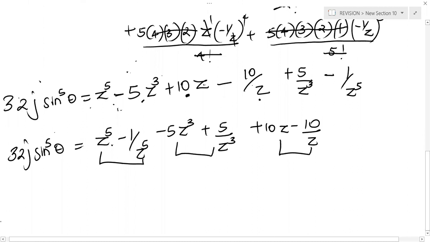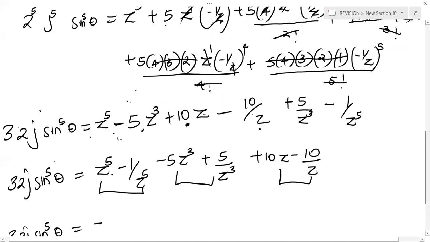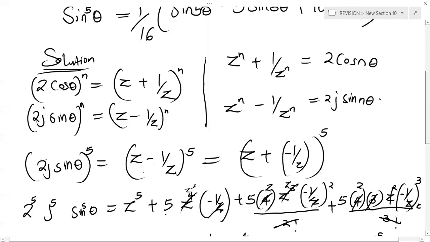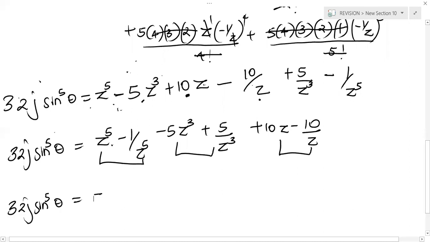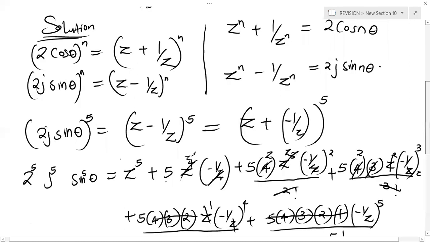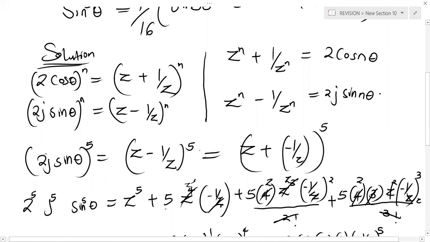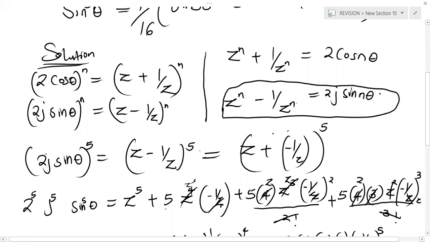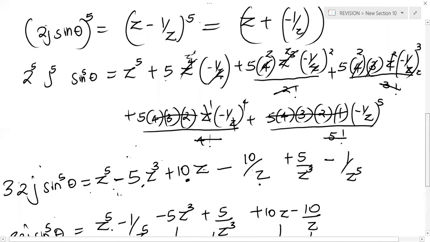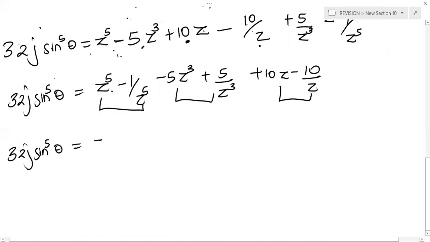So let's rewrite them so that we are able to see. This is 32j sine raised to power 5 theta is equal to z raised to power 5 minus 1 over z raised to power 5. Come back here. We said that z raised to power n minus 1 over z raised to power n is equal to 2j sine n theta. So this right here is what we are using. If we have this raised to power 5, this will also be 5, so we'll have 2j sine 5 theta.